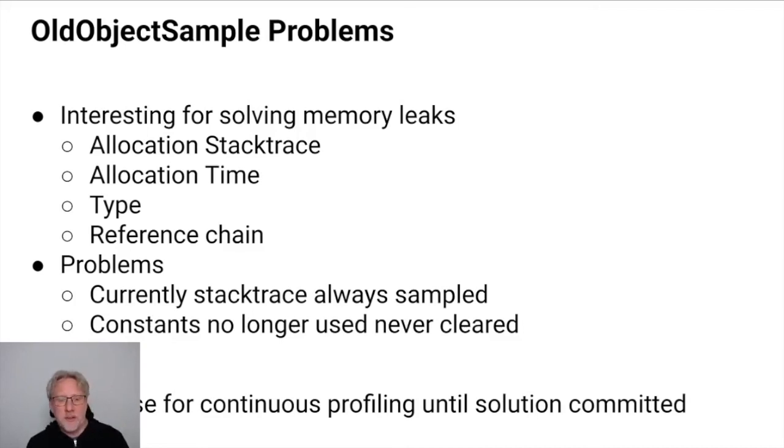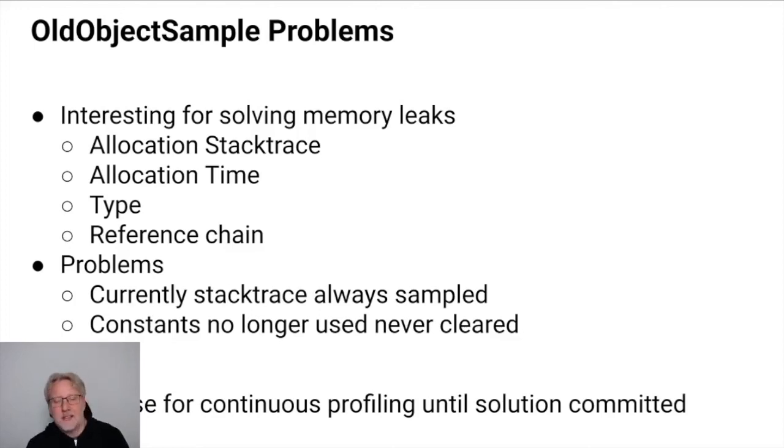There are some problems though, because the allocation stack traces will survive for much longer than just a chunk. The constants need to be stored somewhere where they can be kept for longer. And the current problem is twofold. One is the stack traces are always sampled. So whenever you might consider sampling an object sample, you will capture the stack trace.